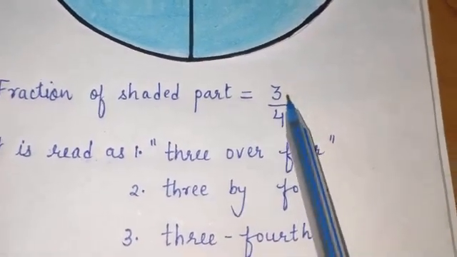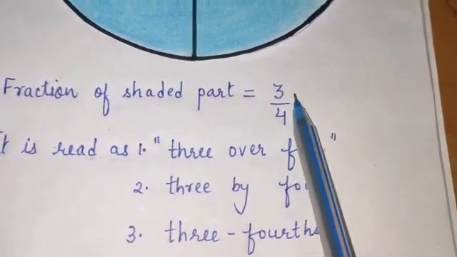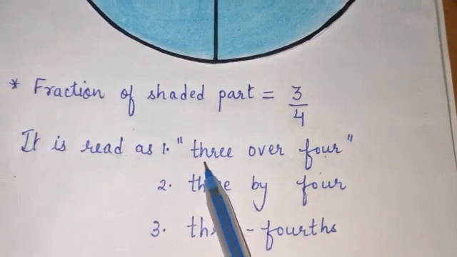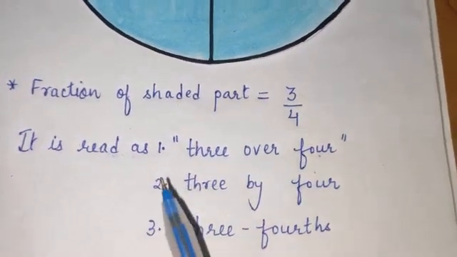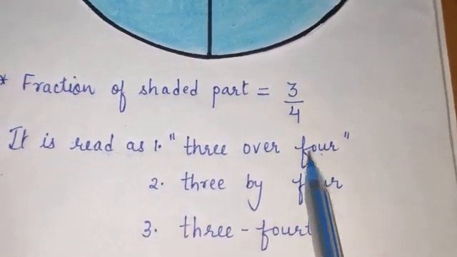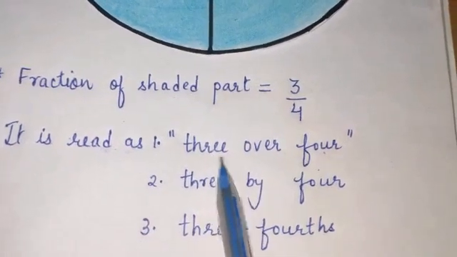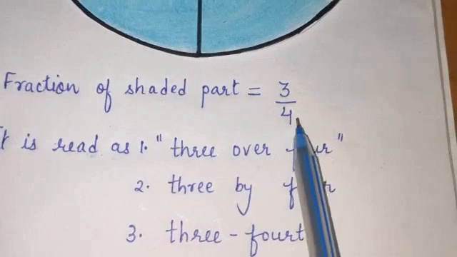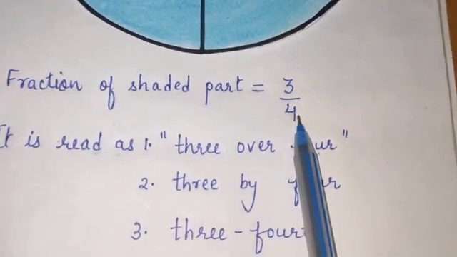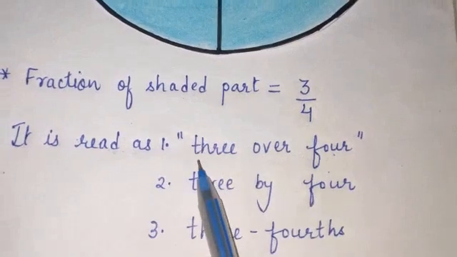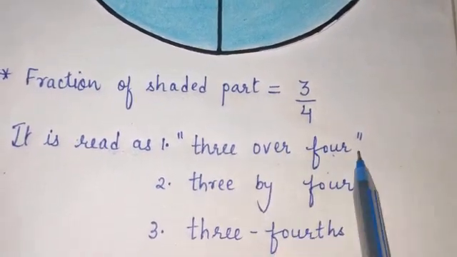As you can see, 3 is over 4. 3 जो है वो 4 के ऊपर है. So you can read this fraction, or write its fraction name, as "3 over 4". जो ऊपर वाला नंबर होगा, जो न्यूमरेटर होगा वो पहले आएगा, then over, जो डिनोमिनेटर है या जो नीचे वाला नंबर है वो बाद में आएगा. So its name is written as 3 over 4.